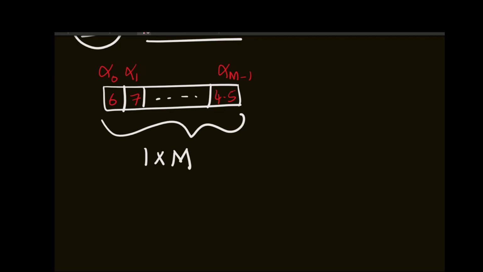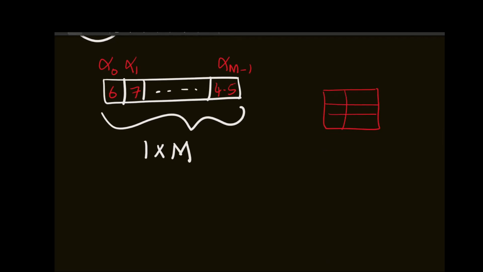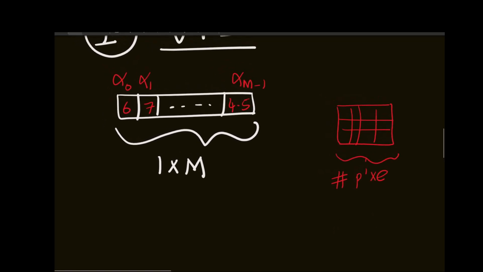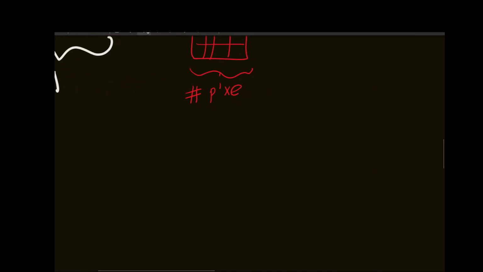One obvious way is to write each of these values, 6, 7, dot dot dot, 4.5, as individual pixel values and just call it an image. That's just reshaping, and it's not very helpful because we get an image that's extremely small. The number of pixels would be equal to m, the number of features.